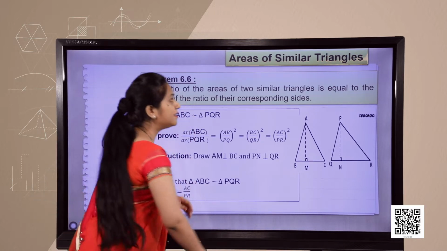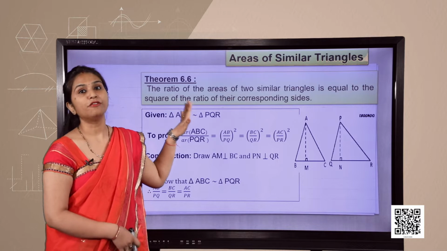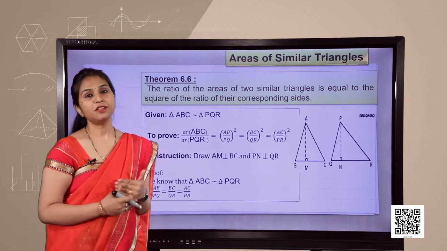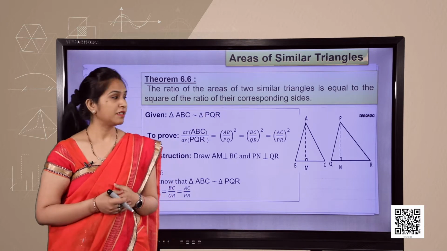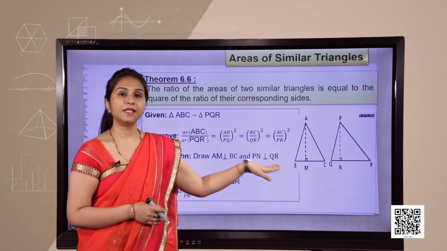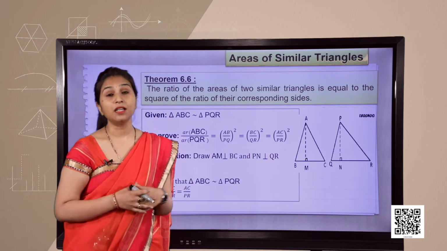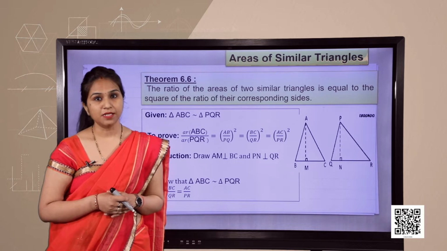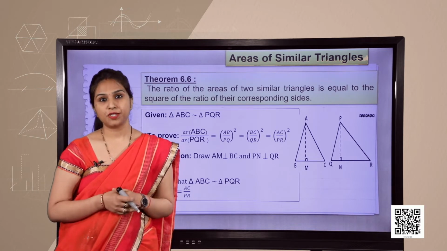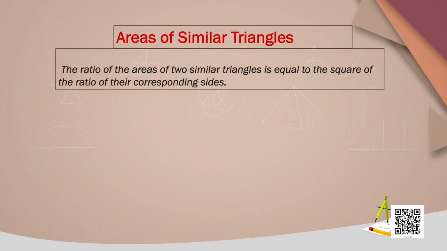Here, let us understand the meaning of the area ratio theorem. Children, when we have two similar triangles, suppose we have triangle ABC and triangle PQR, and they are similar triangles. According to the area ratio theorem, the ratio of the areas of two similar triangles is equal to the ratio of the squares of their corresponding sides.